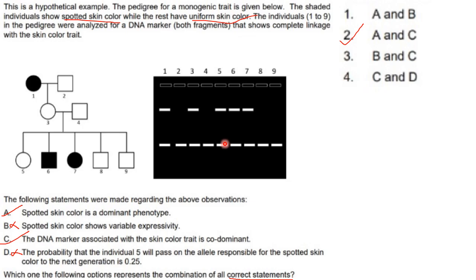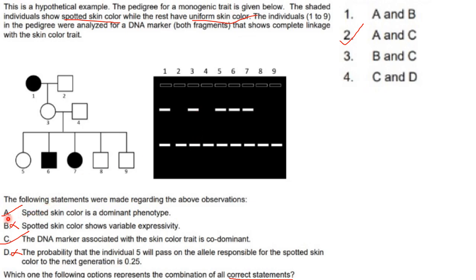This could be because of incomplete penetrance. That is why there is no representation in the phenotype, but the genotype shows the presence of the disease. So it could be incomplete penetrance.